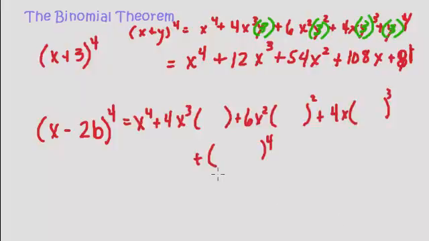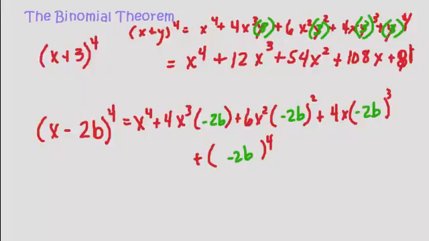Alright, I just went ahead and wrote this down to save some time, but you're just going to put a negative 2b in wherever there's a y. And I just wrote down the fourth degree binomial expansion. And then you're just going to multiply all this crazy stuff out, and then you'll be done. So multiply it out and combine, where you can, and you'll be finished.